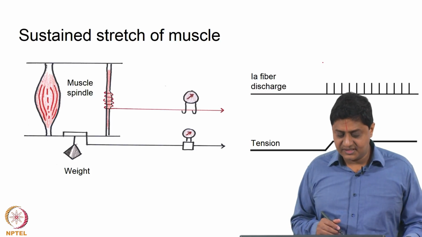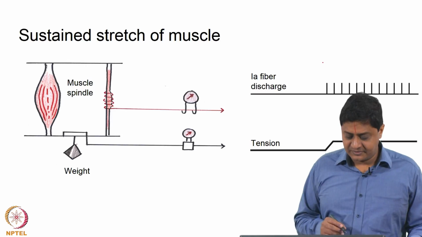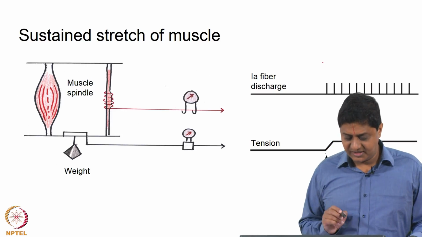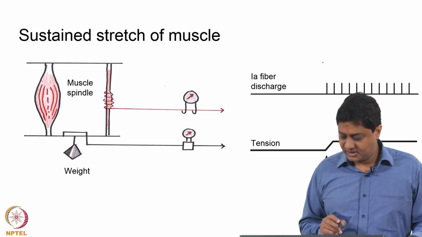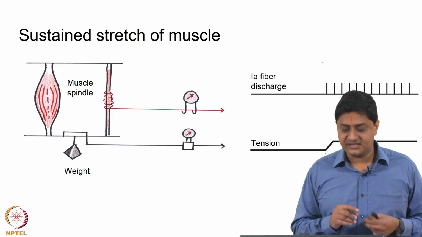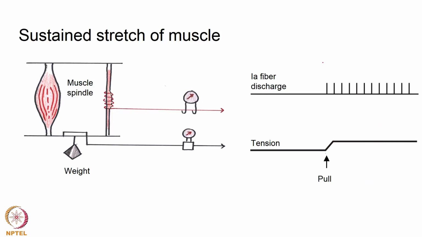Now, let us remember what happens. We discussed this earlier, the function of the muscle spindle, is it not? When the 1A afferent or muscle spindle is stimulated and there is a stretch, it could either be mechanically stimulated or electrically stimulated, there is going to be a sustained response.